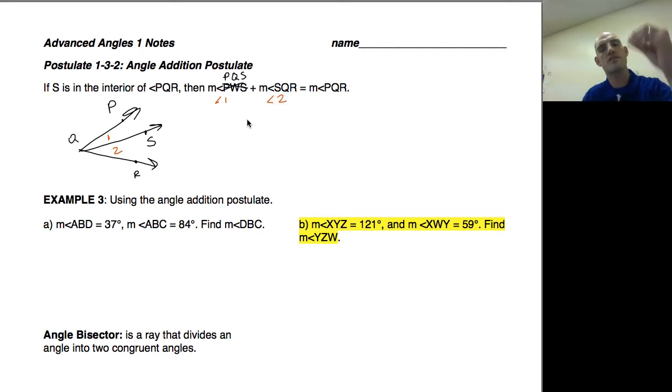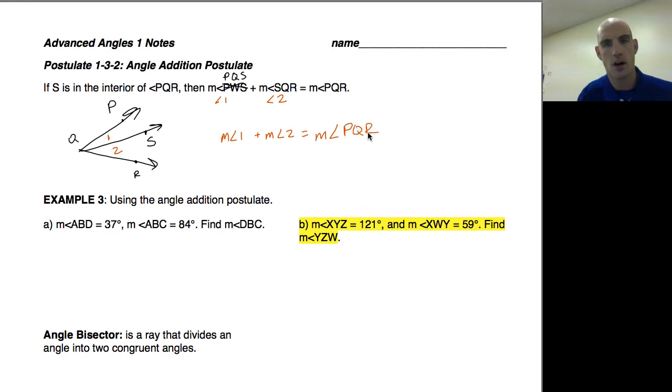And if you think about what this means, that means that the measure of angle 1 plus the measure of angle 2 is equal to the measure of angle PQR. That little piece plus the little piece equals the big piece. That makes sense to us because that's really fundamental.